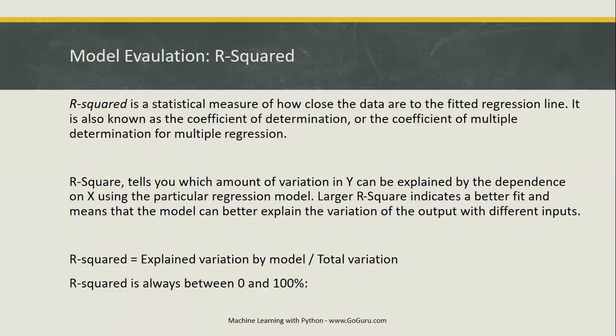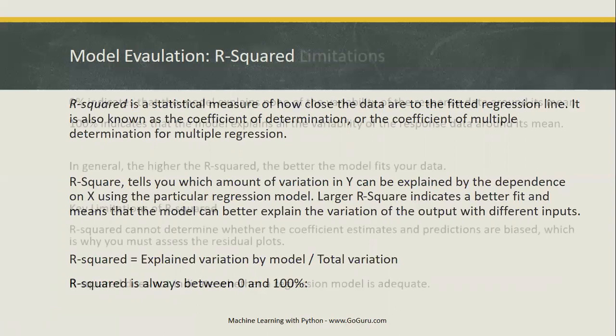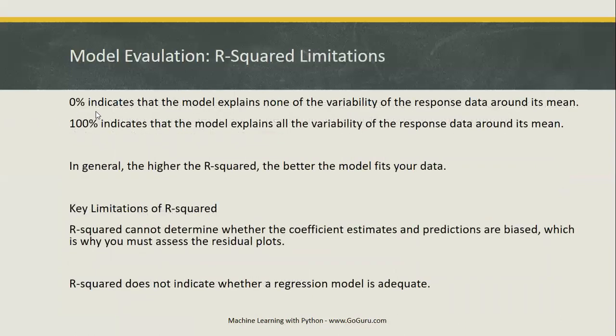So the higher the value of R square, the better our algorithm is. R square value is always between 0 and 100%, so the higher it is towards 100%, the better it is. 0% indicates that the model cannot explain any variability in y from x.